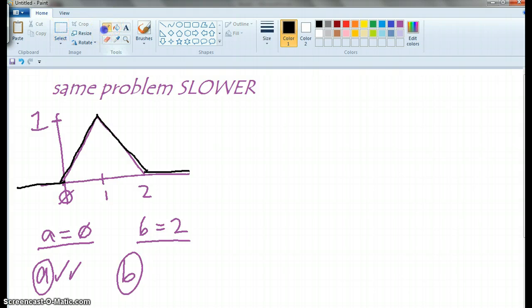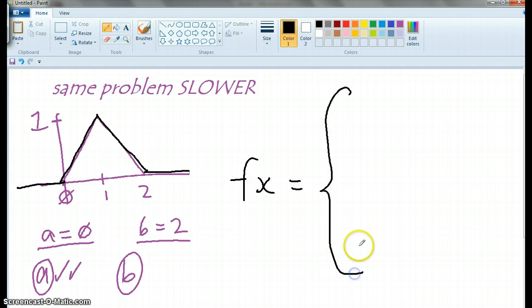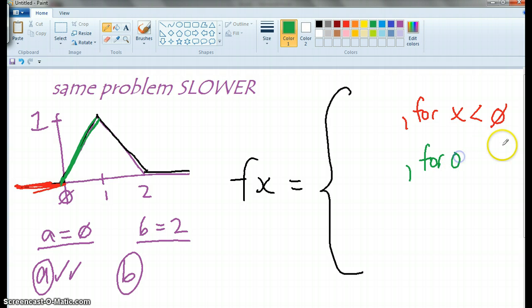So the syntax for this, we look at the example where it's got f of x equals and a big curly bracket. So this part here is 0 for x less than 0. This part here is going to be 4x between and including 0 and 1. So I can put the x there and do that.